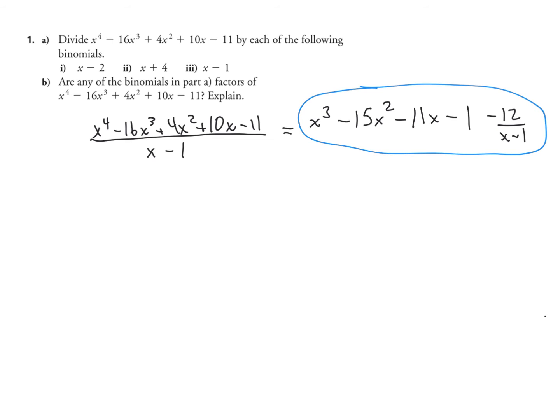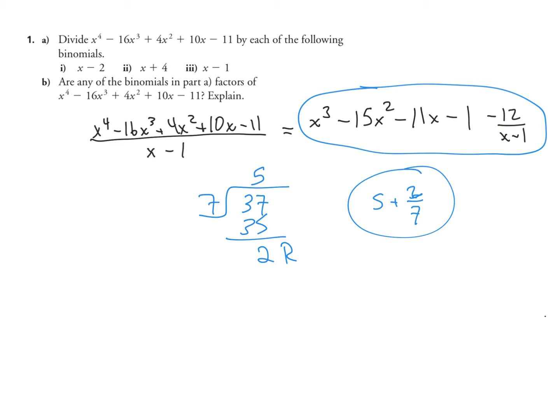That was a bit faster. Done. All right, are any of these binomials in part A factors of this? Well, all three of them had a remainder, so no, they aren't. Remember, if I do 37 divided by 7, and 7 isn't a factor of 37, you're going to get 5 with 2 remaining. So this is equal to 5 plus 2 over 7.